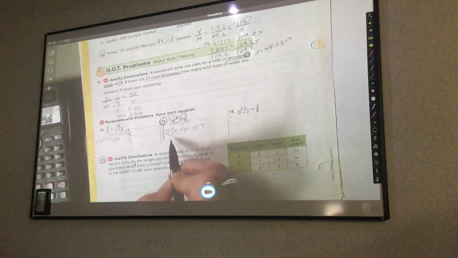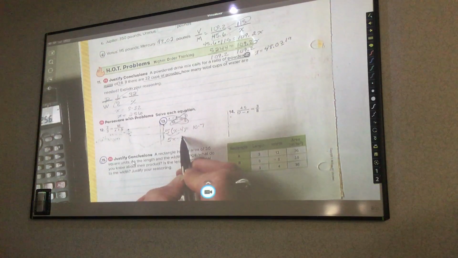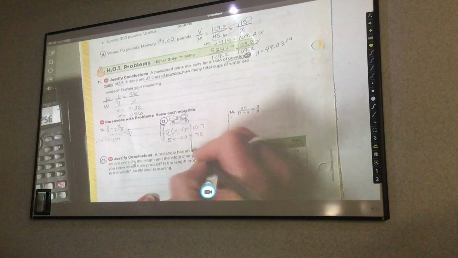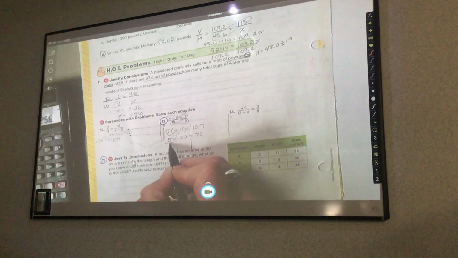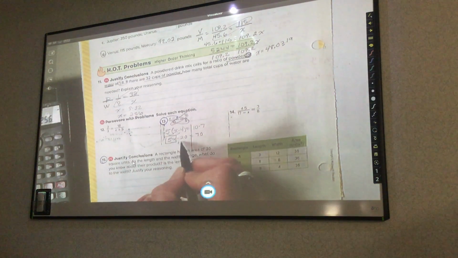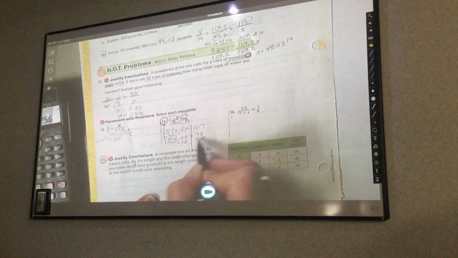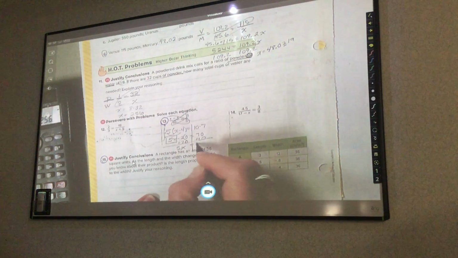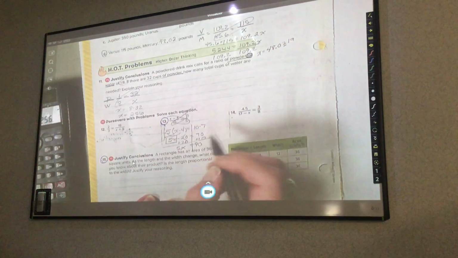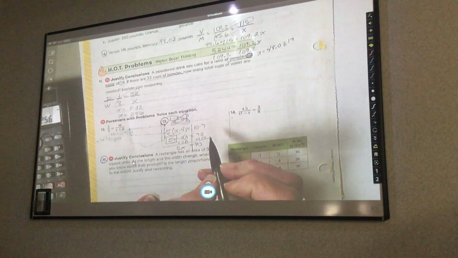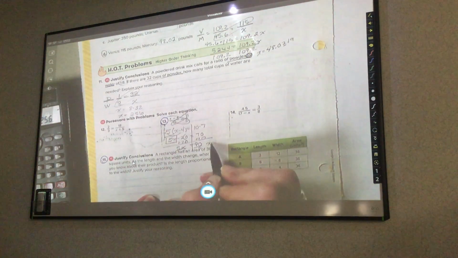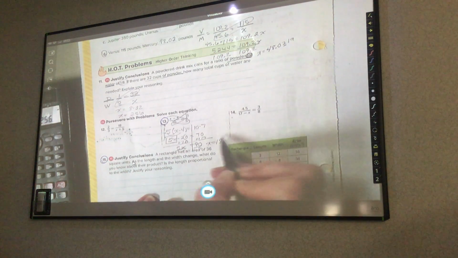Distributive property, 5x minus 20 equals 70. Draw my line, box my 5x up. Add 20. 5x, because these cancel each other out, equals 90. Divide by 5. x equals 18.